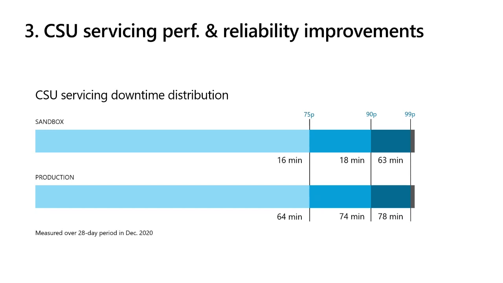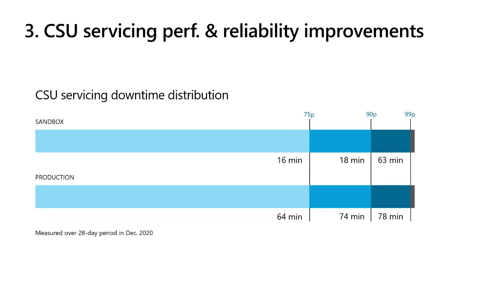That's another improvement you'll notice: your updates and deployments are much more likely to be successful than before. So our reliability has significantly improved. With those 2 changes overall, and the improvements that we're going to be rolling out to production environments, you're going to see considerable improvement to the lifecycle experience of CSU deployment and servicing.